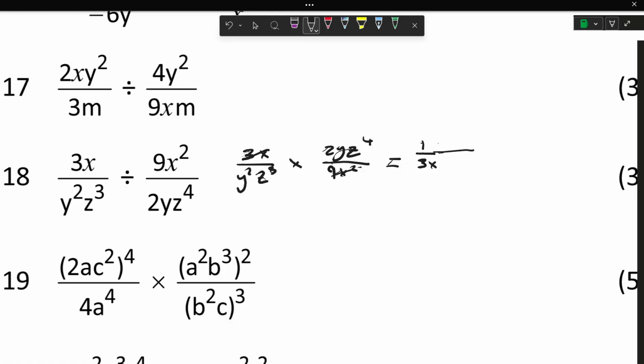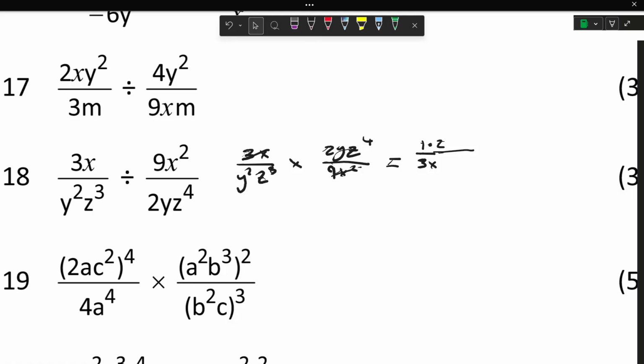And then let's look at the next step for our problem here. What we're going to do is we're going to have times 2, because that 2 doesn't cancel with anything here. So we're going to have yz to the 4 over y squared z to the 3.